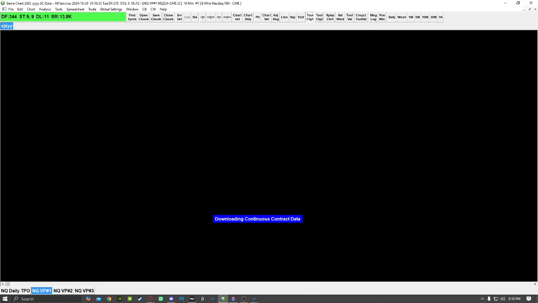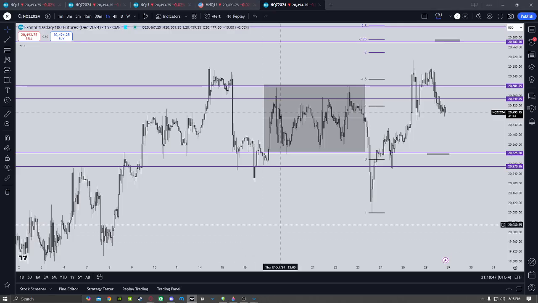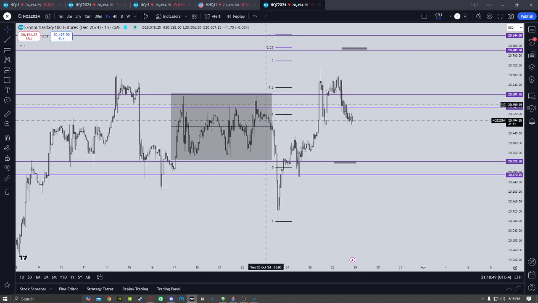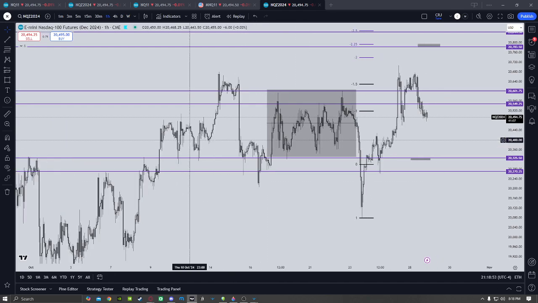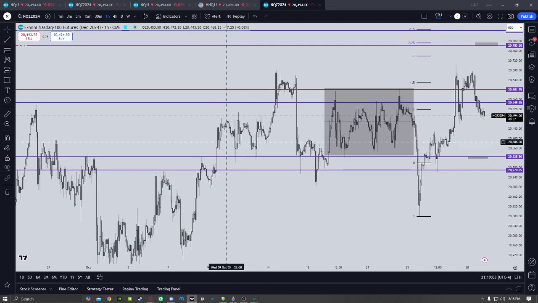Alright, look, even more examples. We break out, we go to the other side. Another example, this is a balance. We break out, we go to the other side. We break these shelves, and look what we do. These shelves right here, what do we use them for? For support.